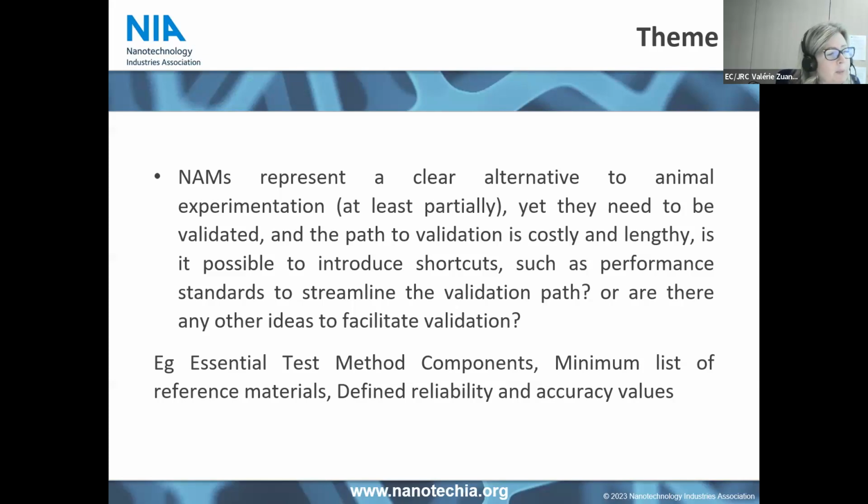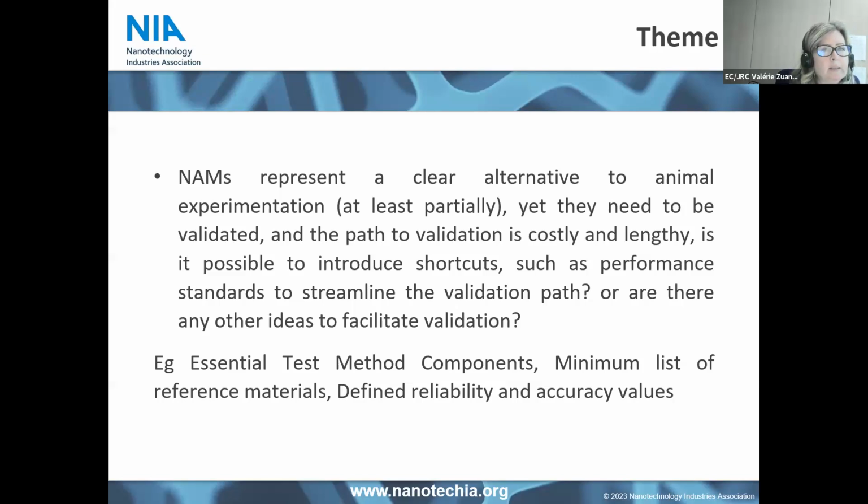However, we would also maybe like to evolve the concept of performance standards and make them applicable to methods which are not so similar, which have the same biological relevance, but from a technical point of view might not be so similar.